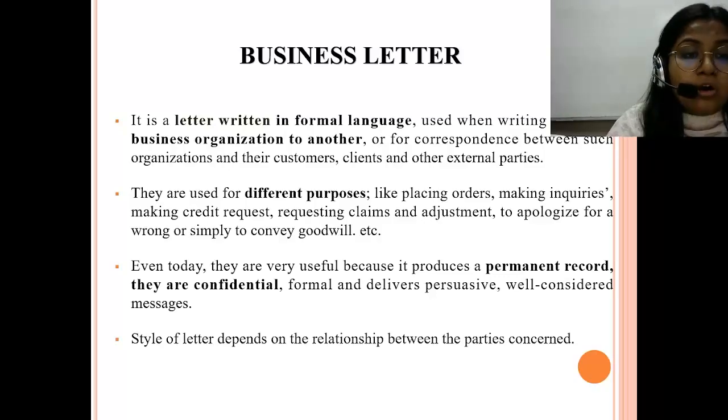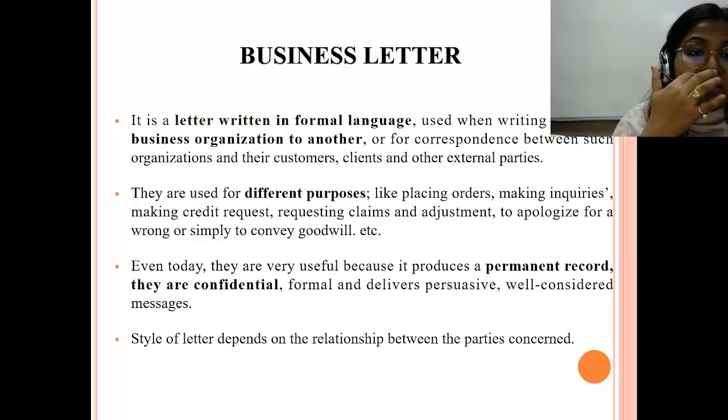Whenever you write, you in fact do not write for yourself, but to inform others and to fulfill a certain need.